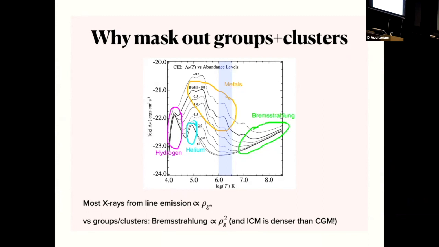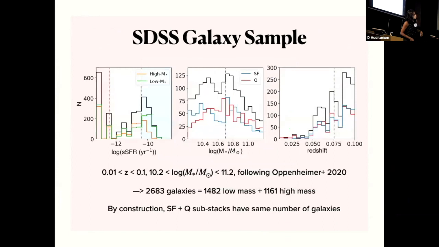Second of all, this emission is proportional to density squared. And so if you have even one group or cluster in your sample, it's very easy for that signal to dominate over all of the contribution from the galaxies. This is why my group insisted that we mask out all the groups and clusters very generously before we proceed with our analysis. And that's what we did.